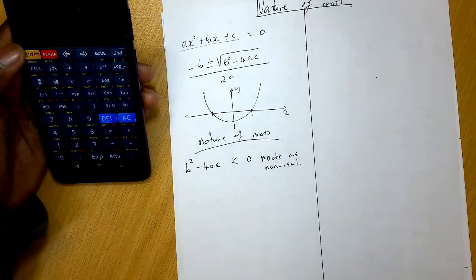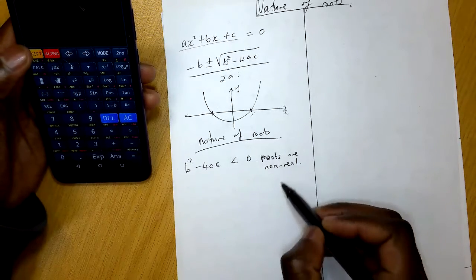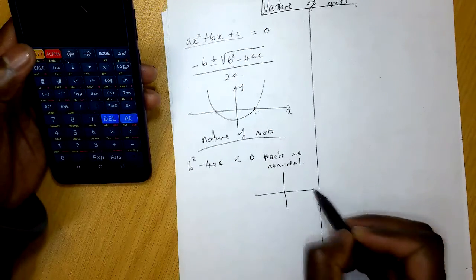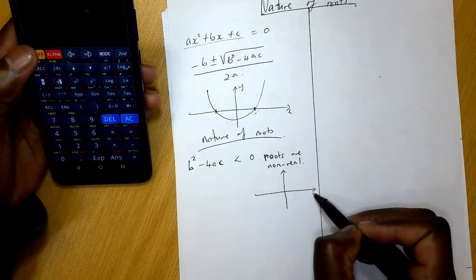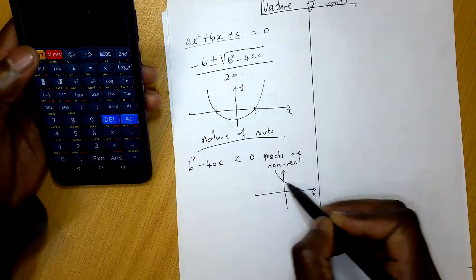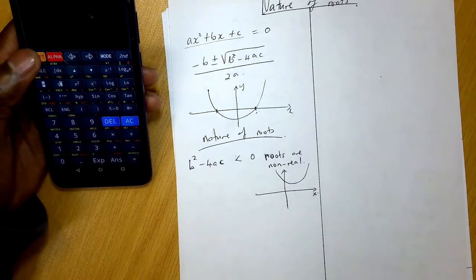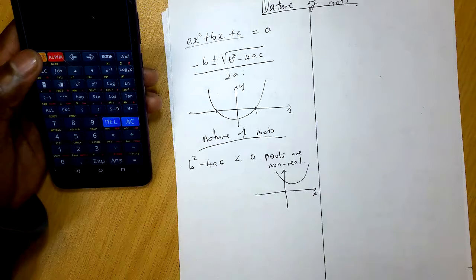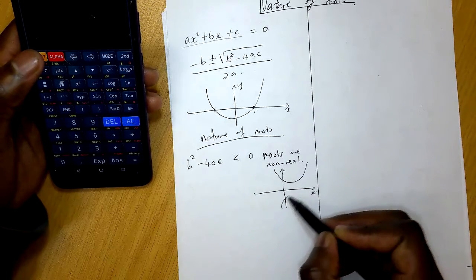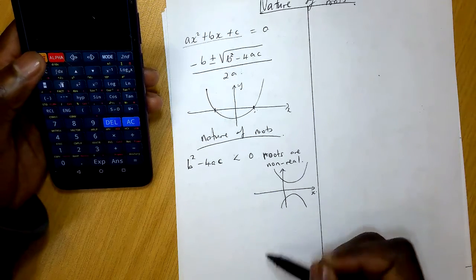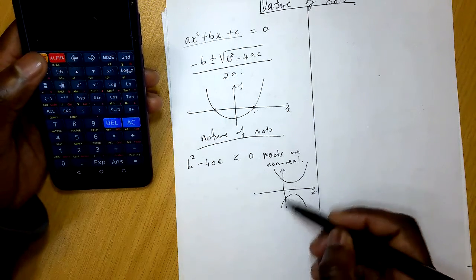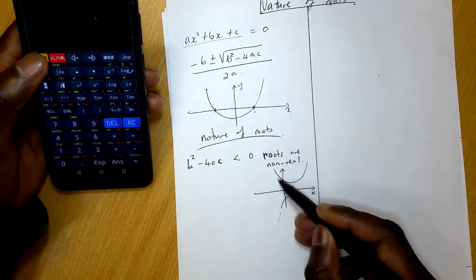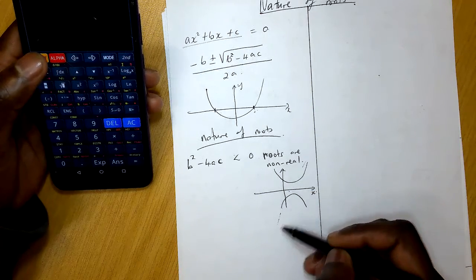In this case your graph looks like this one: maybe it's going up like that, so it will never cut the x-axis, or it might be down here. It will never cut the x-axis because it continues down there and goes up there. That's what it means.